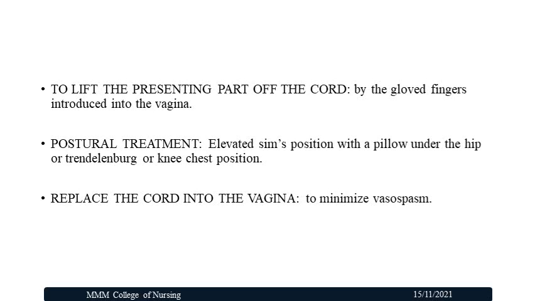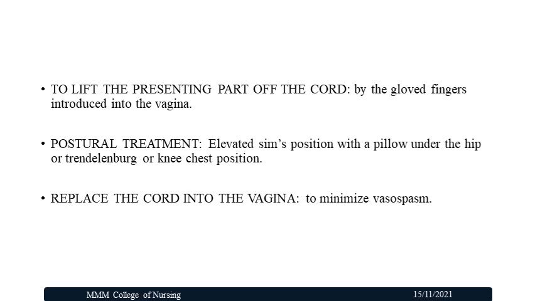The next one is postural treatment, that is, elevated Sims position with a pillow under the hip, or Trendelenburg or Knee-chest position, adopted till the delivery. The next one is to replace the cord into the vagina to minimize vasospasm. Vasospasm means constriction of blood vessels.